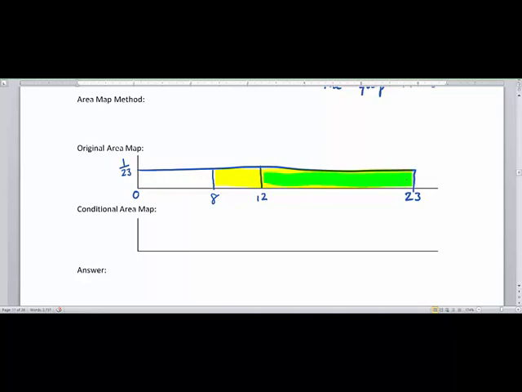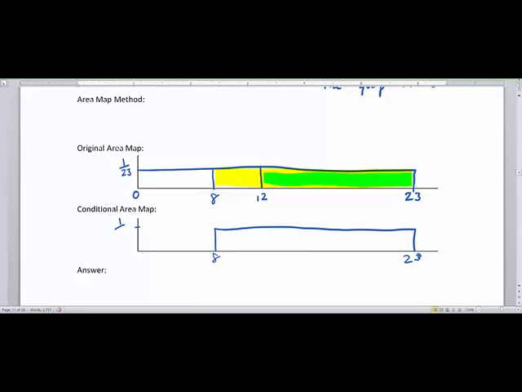So here's how we could draw the conditional area map. Instead of drawing it from 0 to 23, we only need the yellow bar from 8 to 23. So now my height, which was set at 1/23, is now a little taller. In fact, it's 1 over, and this is where you might think that we just put the 23 there, but that's not true.